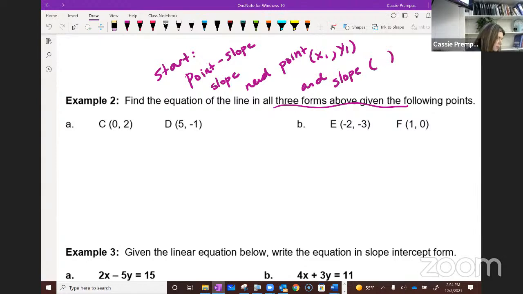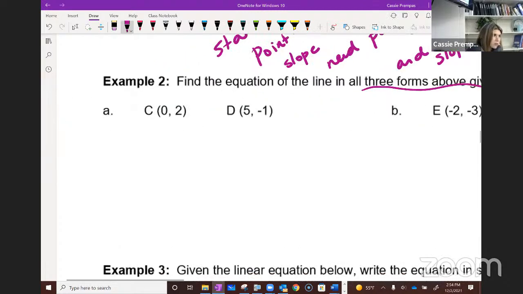Looking at the next problem at hand, they were nice in the fact that they gave you 2 points on your line. They gave you 0, 2, which is an x1, y1, and they gave you point D, which is an x2, y2. What did they not give you? Slope. But do we know how to find the slope?